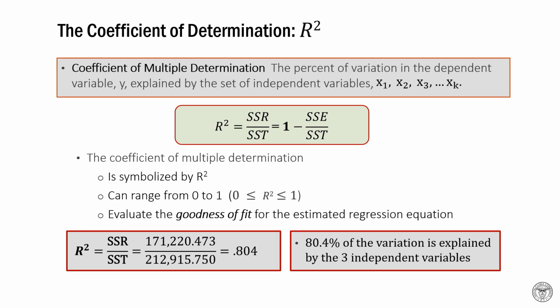This indicates that 80.4% of the variation in heating cost is accounted for by the three independent variables in our model. The residual 19.6% can be attributed to random error and variations stemming from independent variables not encompassed in our equation.